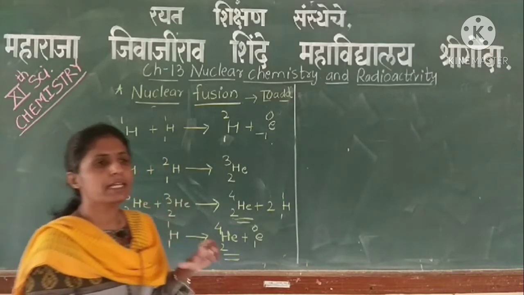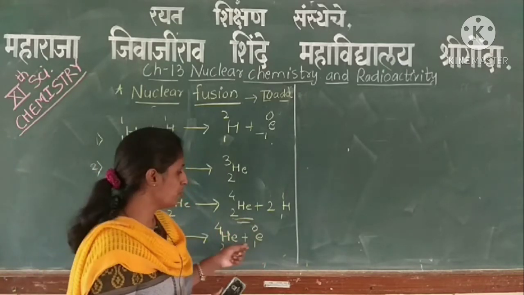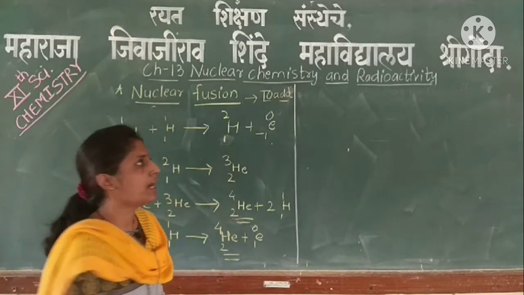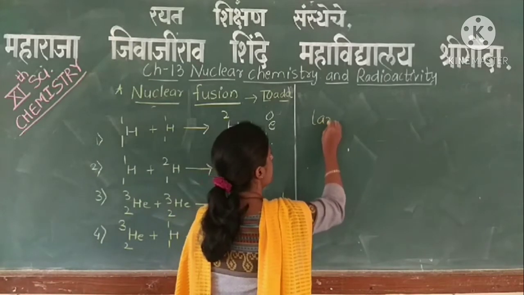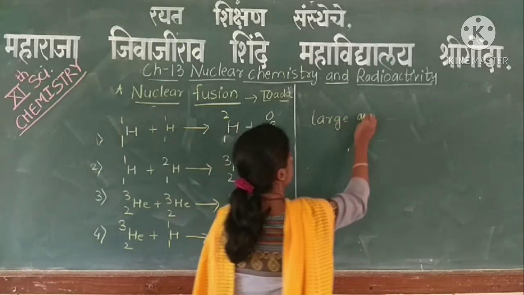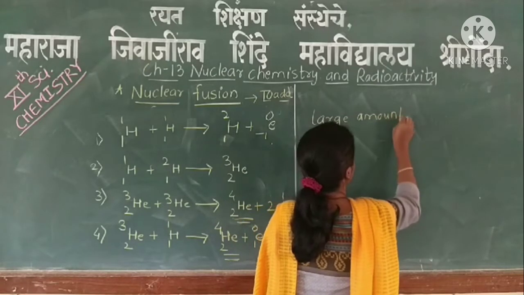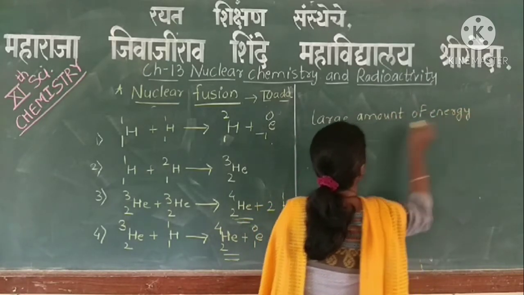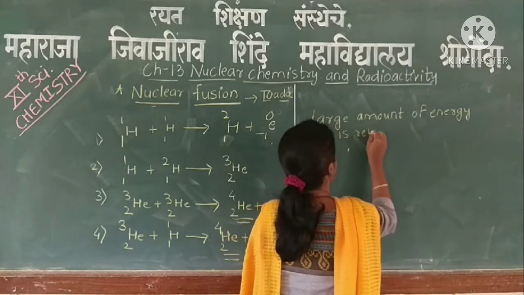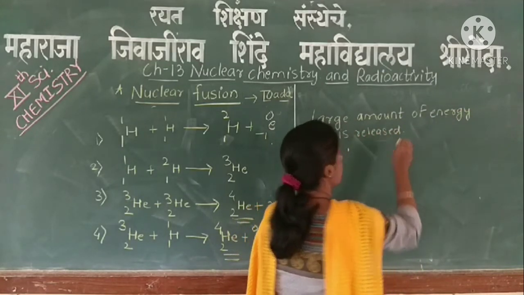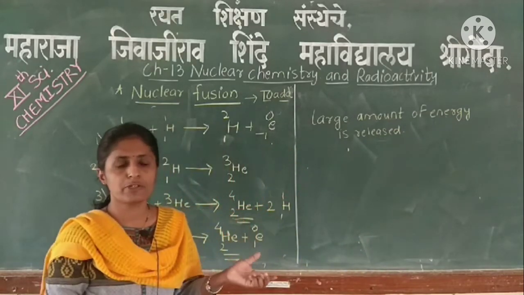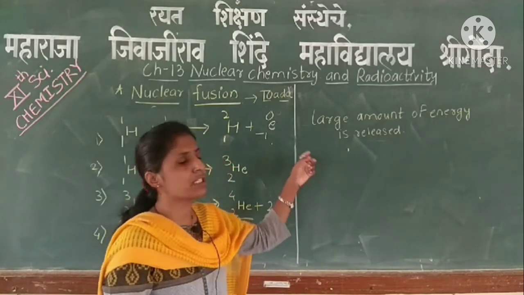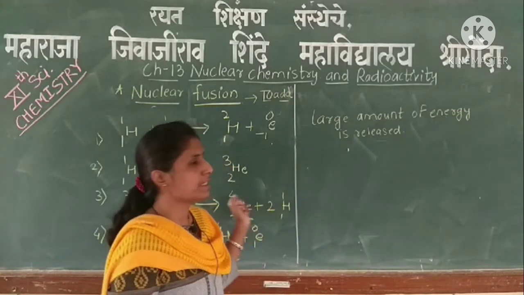Hydrogen nuclei are being fused together to give you helium nuclei, and in this reaction a large amount of energy is released. You can very well say, from how much heat we receive from the sun, how much energy is being released in such fusion.